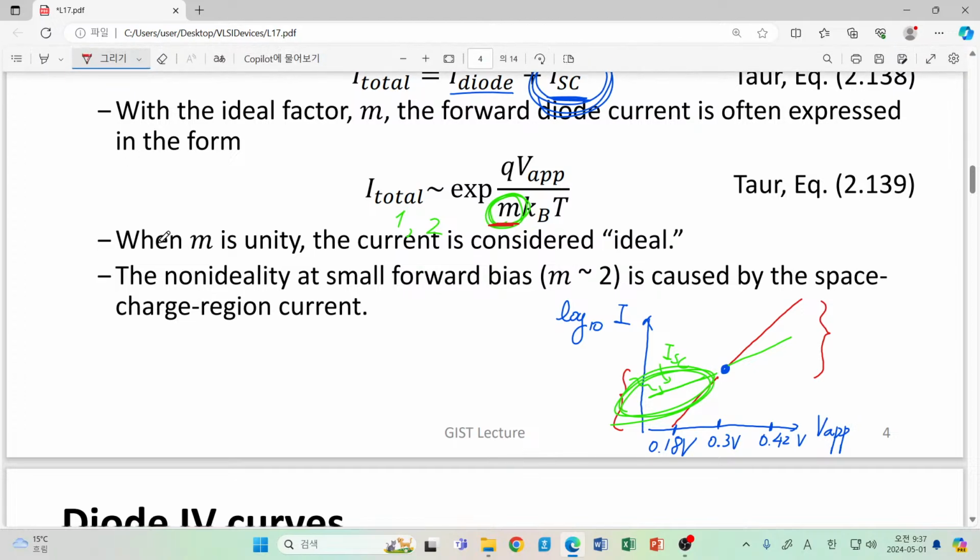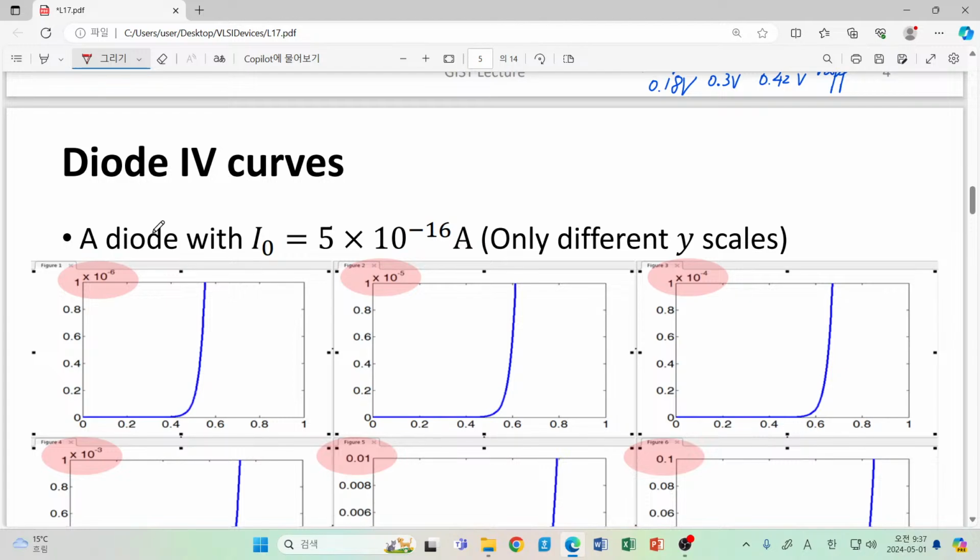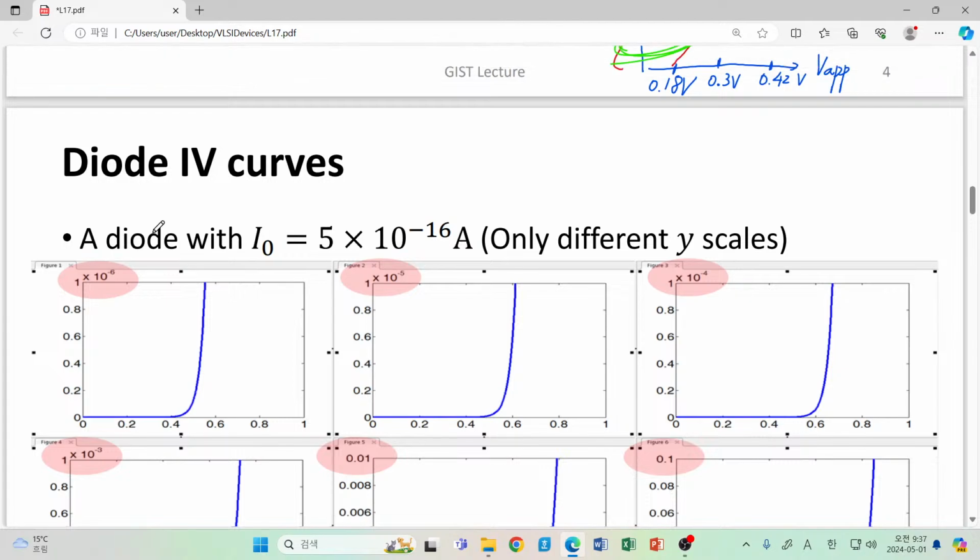This is nothing but to explain the diode IV characteristics.